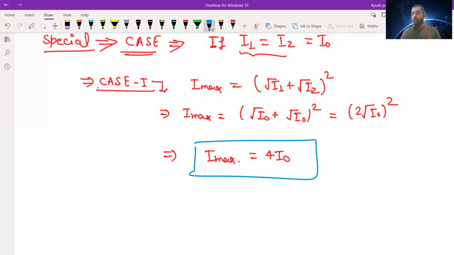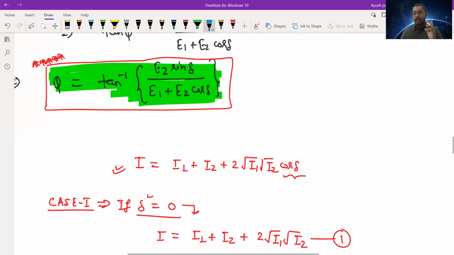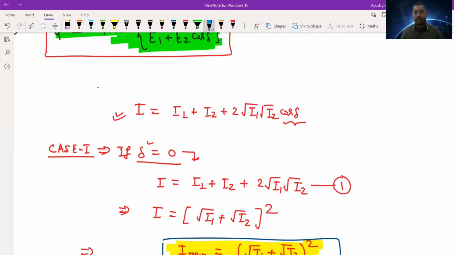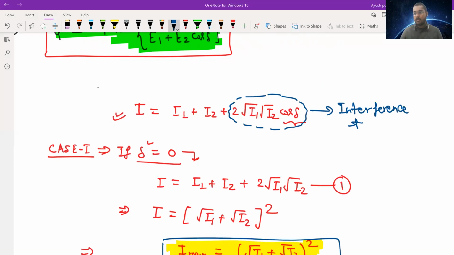It is due to the interference term that we are getting this. This 4I0 is coming out due to this interference term.